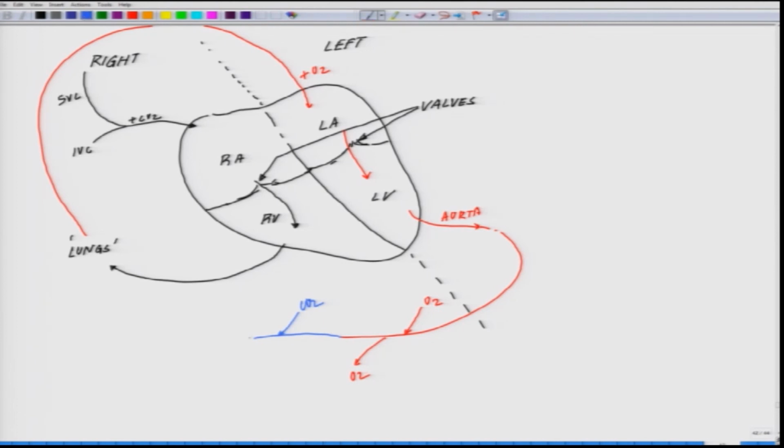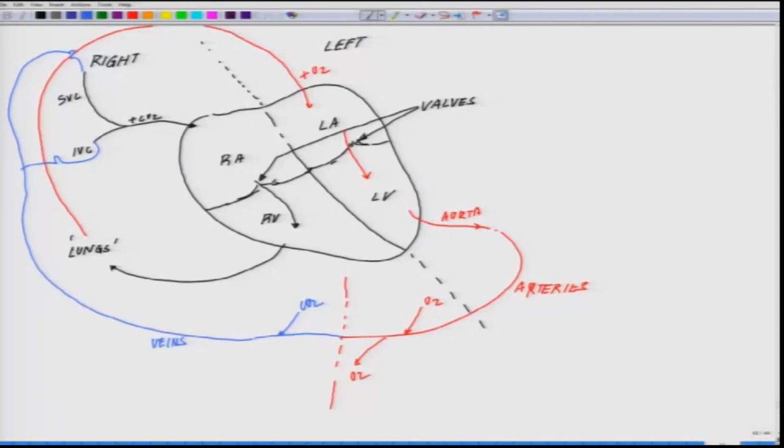So, this is how the connection goes, and all those vessels which are carrying oxygenated blood are called arteries, and all those vessels which are carrying deoxygenated blood are called veins, except there is one artery which carries deoxygenated blood.